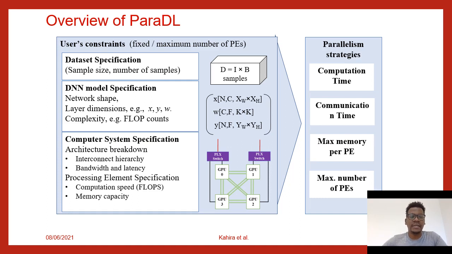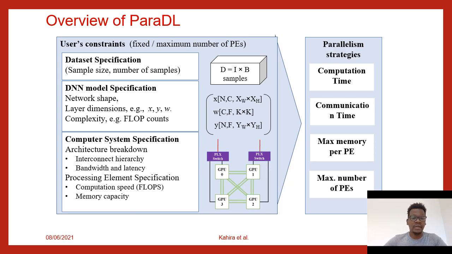As you can see, ParaDL takes a dataset specification, that is the number of samples in the total dataset. It also takes a CNN model, that is the number of layers, the inputs, the outputs, and the weights, and also a computing system. So this could be any supercomputer, in our case, the ABCI supercomputer.